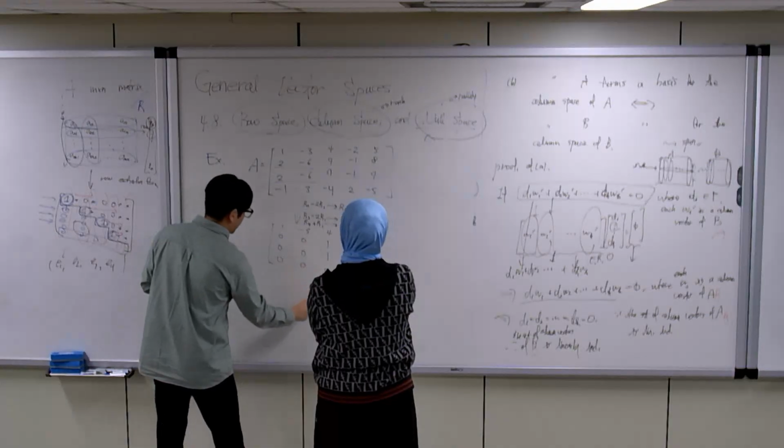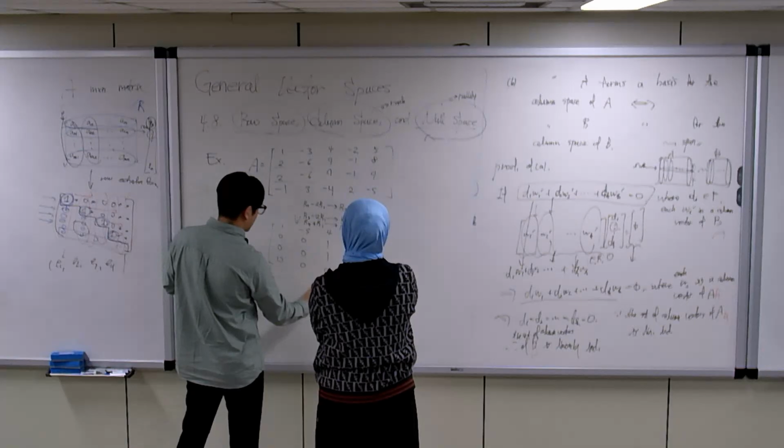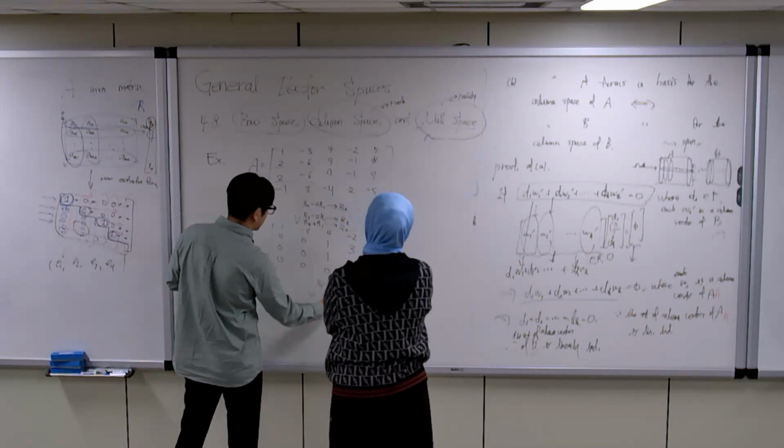And we can calculate one more from the third row by subtracting the second row.